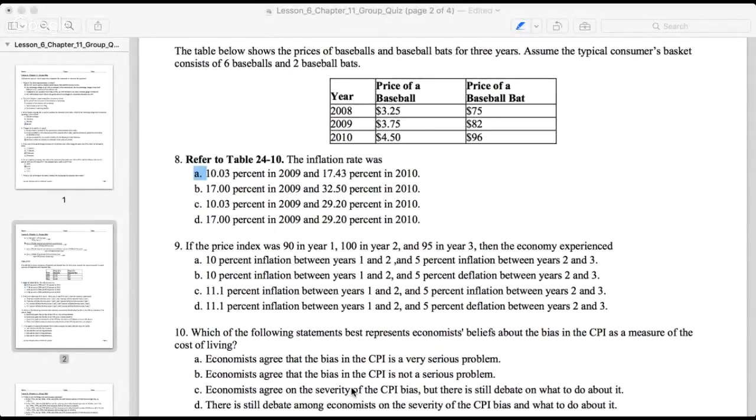So you did 186.5 minus 169.5, and then you divide that by year 1, which is 169.5, times 100, and that's how I got 10.03. Okay.